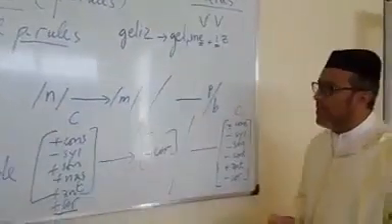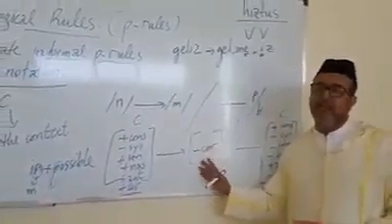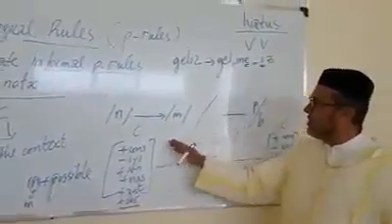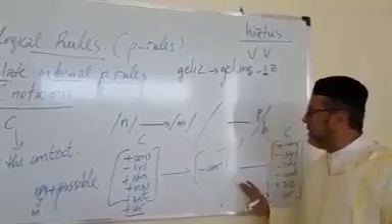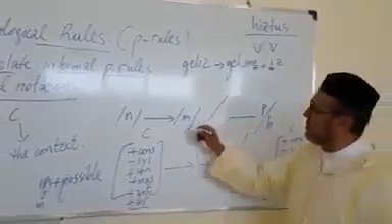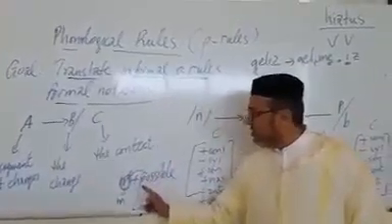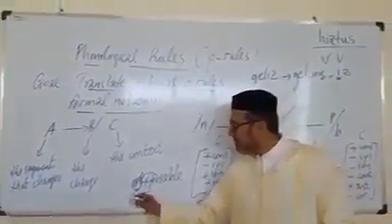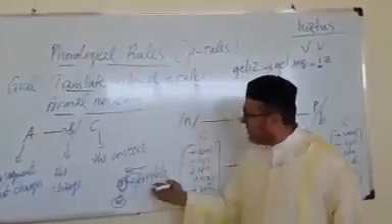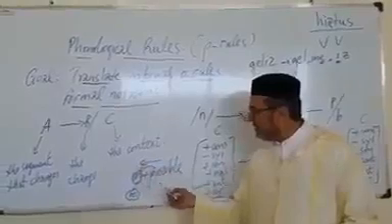So this is an example of an assimilation rule. What type of process is this? It's assimilation. The alveolar nasal assimilates the point of articulation of the bilabial stop, and it becomes also bilabial. So it's going this way. So this is what we would call a partial regressive assimilation.